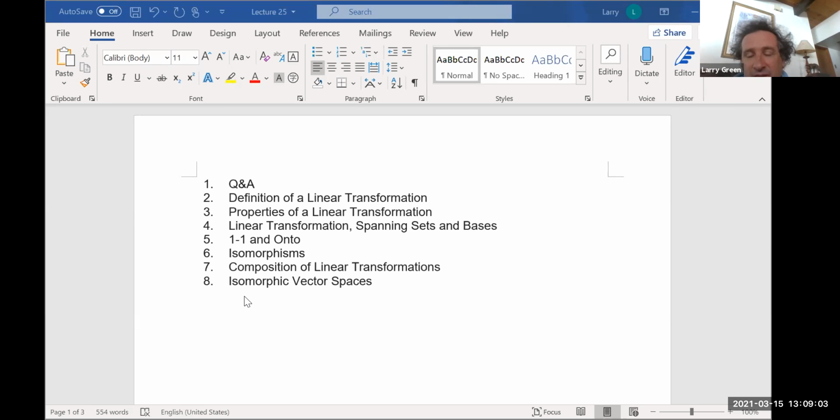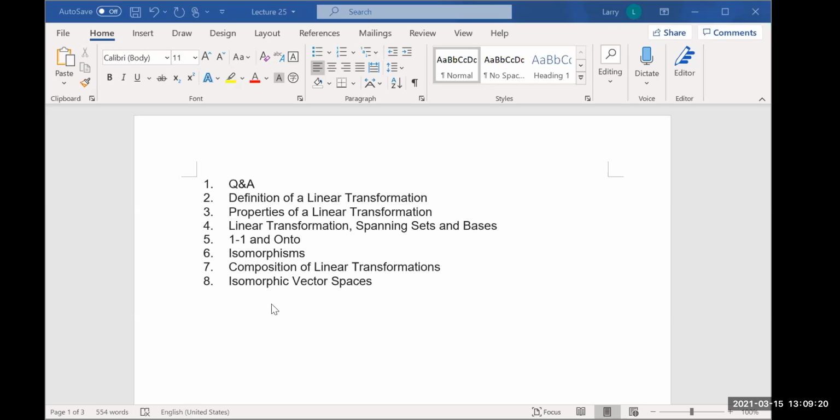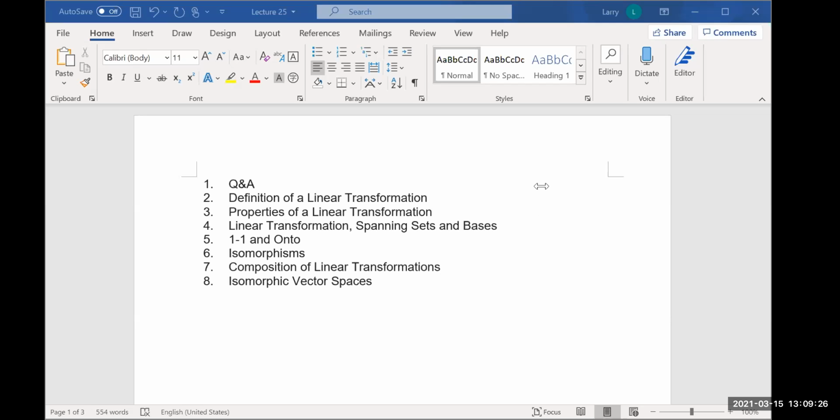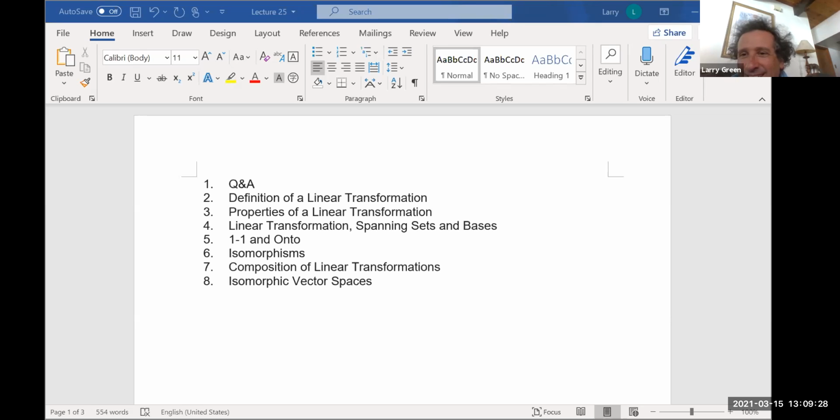Any questions? Could be homework questions or other questions. Can we do number 3 on 9.5? Is that the one in the book or is that the handout? The handout. Oh, good. So the nice thing about the handout is that it's a Word document.